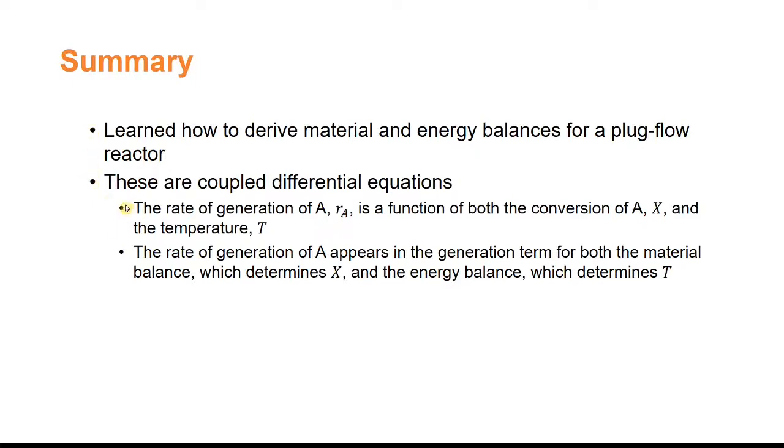The rate of generation of A was given as a function that depends on the conversion of A and the temperature. Therefore, it was most convenient to express the material balance in terms of conversion as well. Since the rate of generation of A appears in both the material balance and the energy balance, these two equations are coupled, and we have to solve them simultaneously.